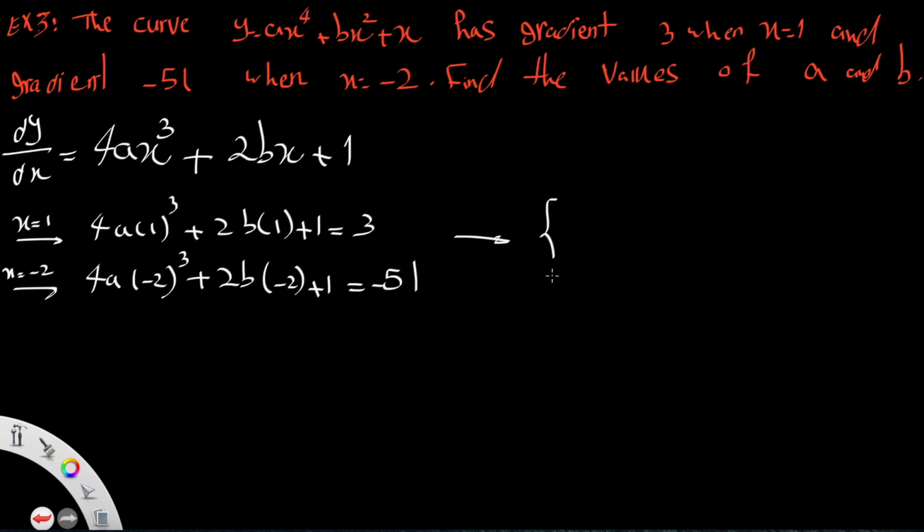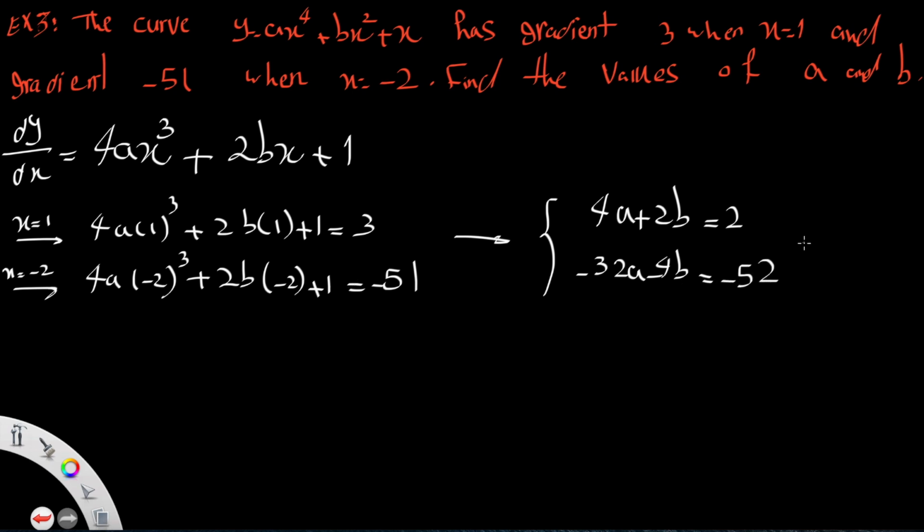If you simplify, the first one will be 4a plus 2b is equal to 2, and the second one will be negative 32a minus 4b is equal to negative 52.